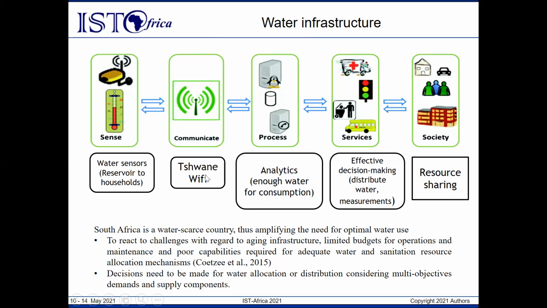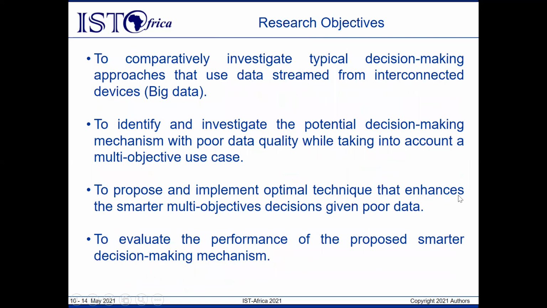Even here, we can still make use of the Tswane Wi-Fi for communication, and also do the visualization to know: do we have enough water to distribute? That's where the decision-making comes in to say, yes, we can distribute, or no, we cannot distribute. So that is the context of resource sharing among the community.